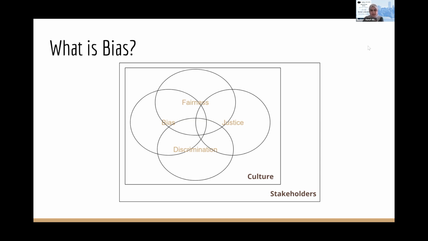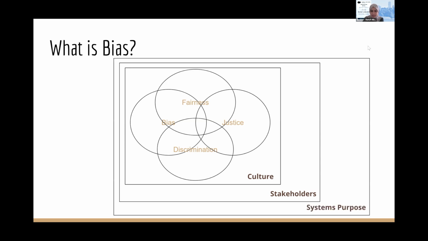And the last layer that we can add to this conversation to really have a good definition of bias is the system purpose and all of the other system specifications that we can use to have better information on the meaning of bias in these three contexts. So that's a very general point of view about it, and it doesn't really help us.